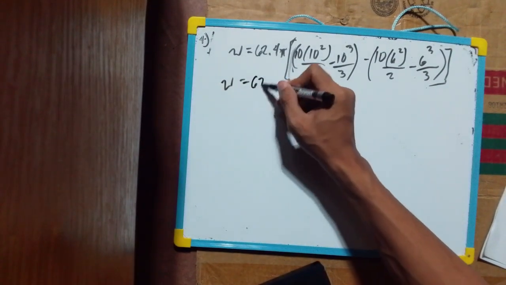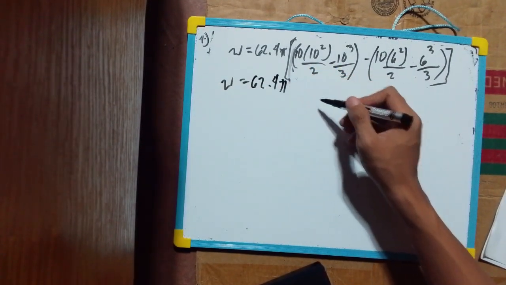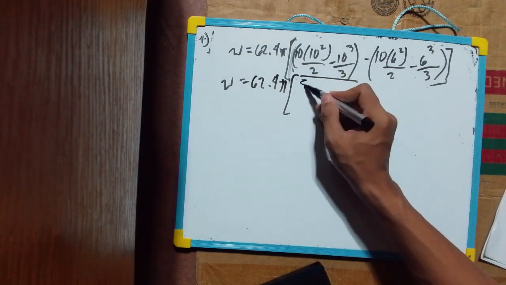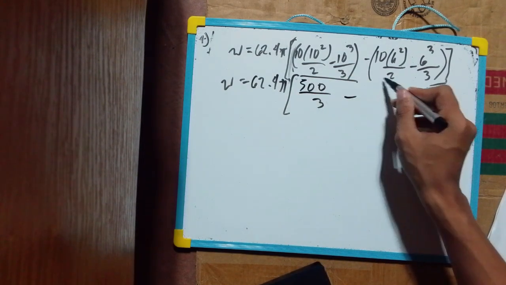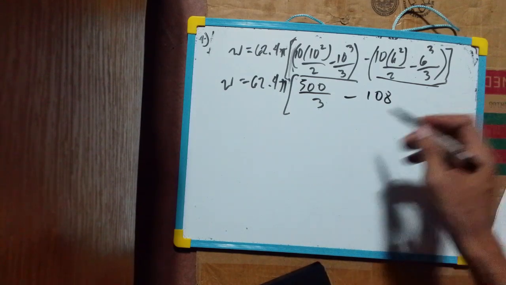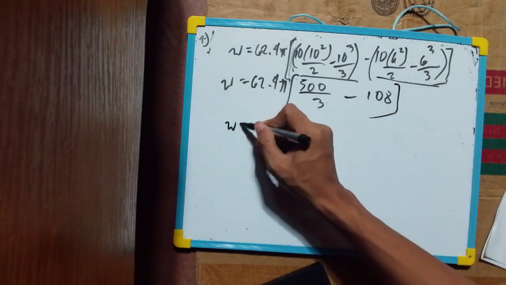Evaluating this, we will have 62.4 pi times 500 over 3 minus 108.